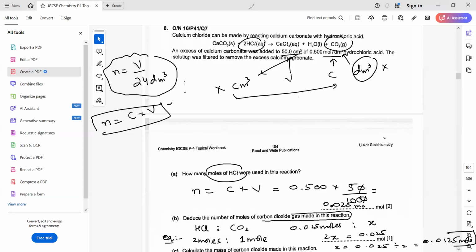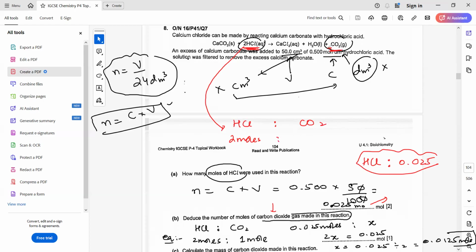Yes, sir. Okay, no problem. Let's do it all the way again. So we have the number of moles of HCl, right? That is what we just calculated. That was 0.025. They wanted us to find the moles of carbon dioxide. So for that, I went to the equation and figured out only HCl and CO2 are related. I see 2 moles of HCl, so I wrote 2 moles here.